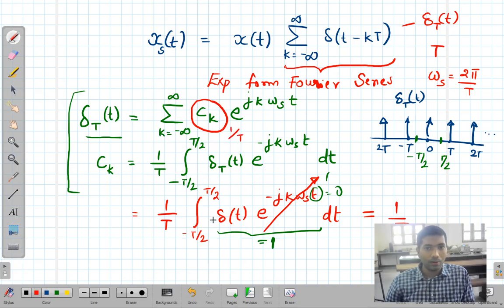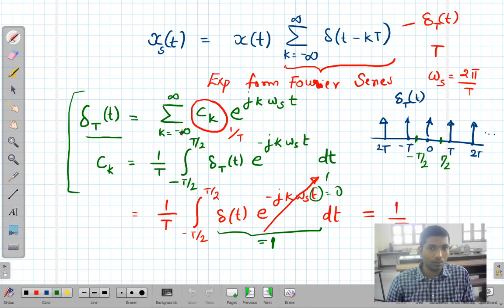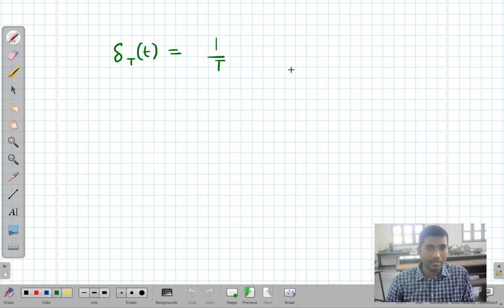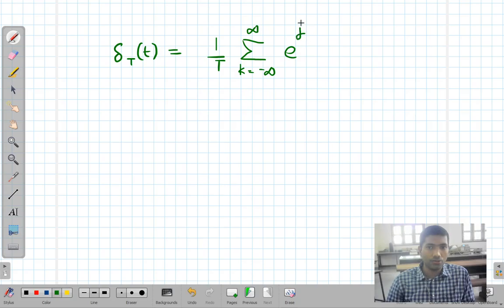Let me write it on a fresh page. δ_T(t), which is the impulse train, is nothing but 1 by capital T, summation k equal to minus infinity to infinity, e raised to j k ω_s t.